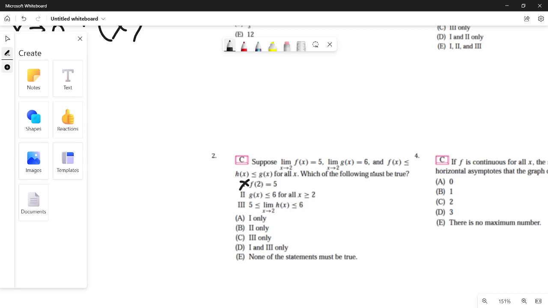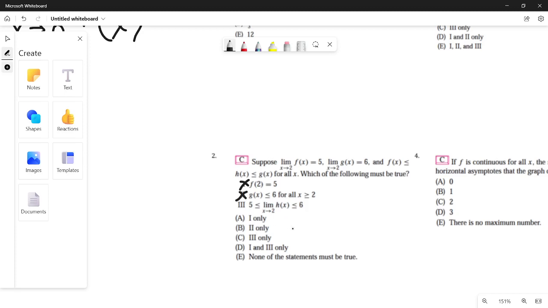We're given nothing to assume what these functions look like, except that by the transitive property f of x is always less than or equal to g of x. They could both be increasing after x equals 2, and g of x would not be less than or equal to 6.